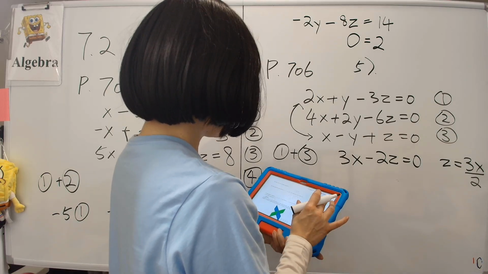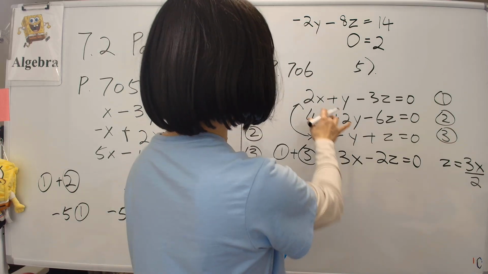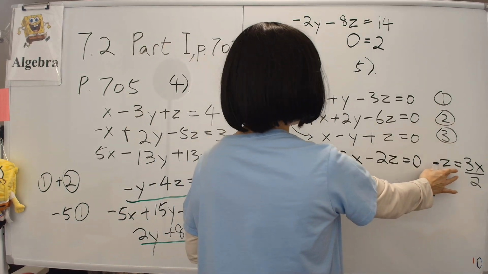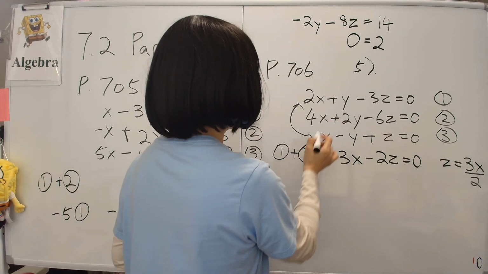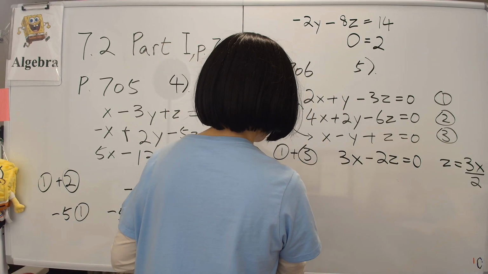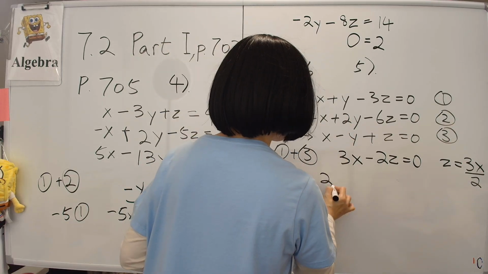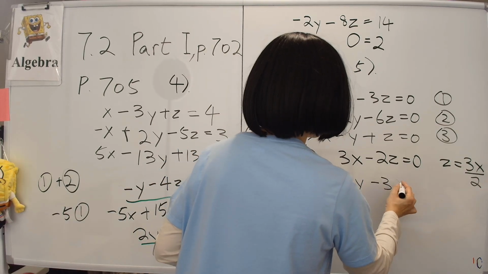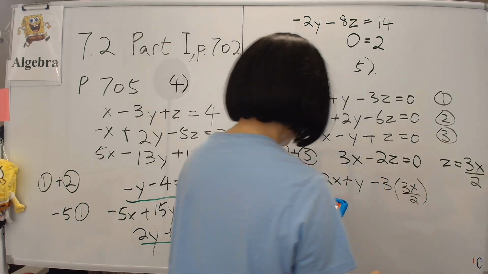All right, and then we are going to put this into one of these equations. Which one do we put it in? We'll put this z value in here to solve for y in terms of x. So we put this information into equation 1. So we get 2x plus y minus 3 times 3x over 2, and that is going to be equal to 0.